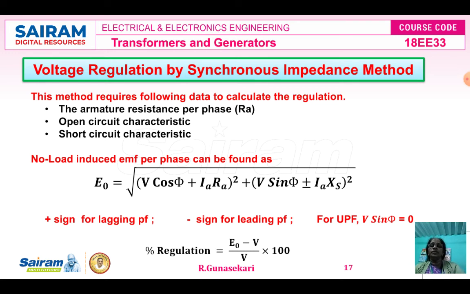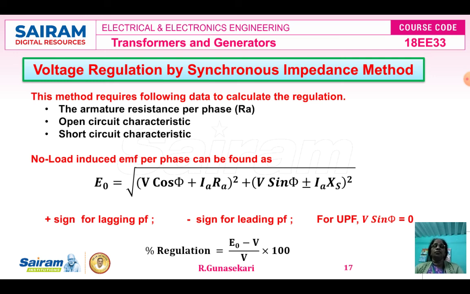By using open circuit and short circuit characteristics, we calculate the synchronous impedance Zs. We know the value of Zs and Ra, then we can calculate the synchronous reactance Xs per phase. Now you see the formula.